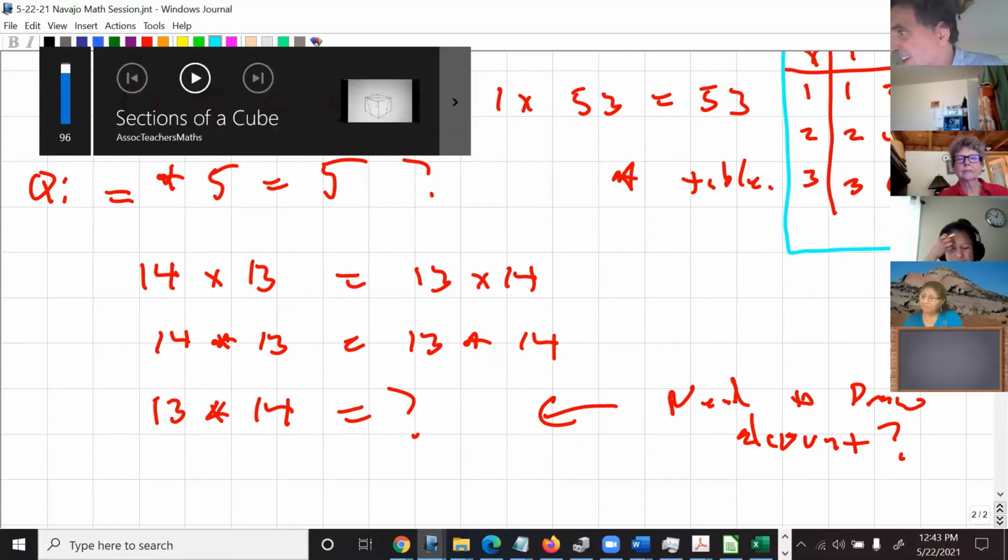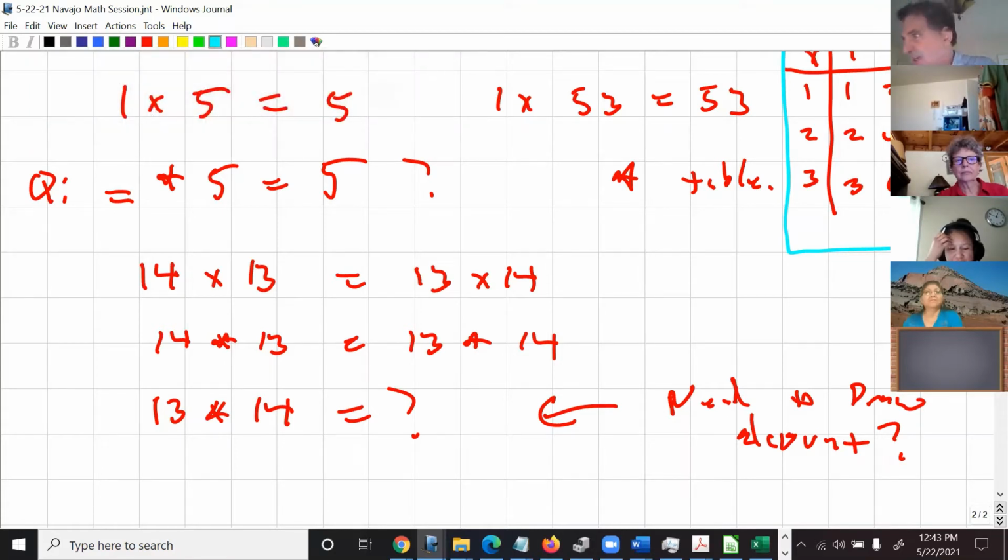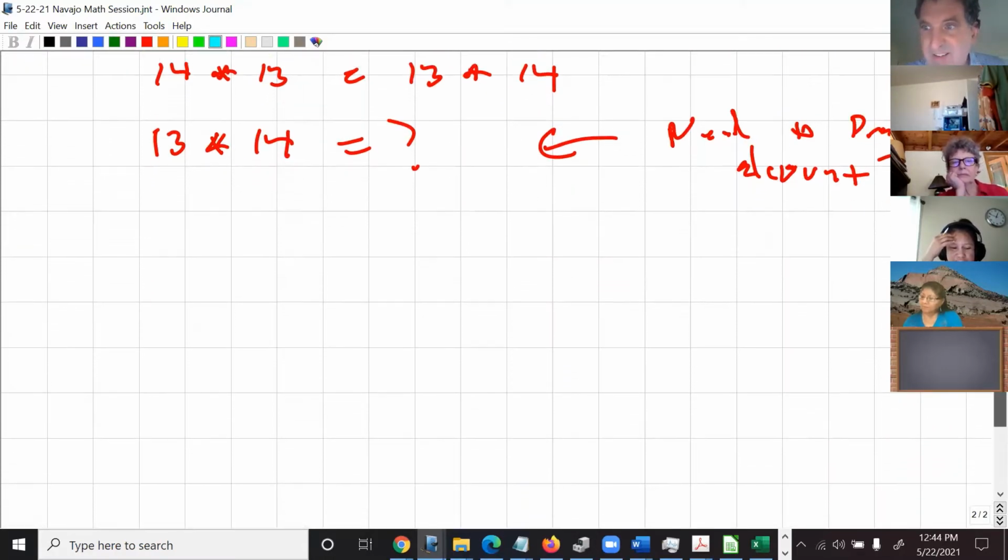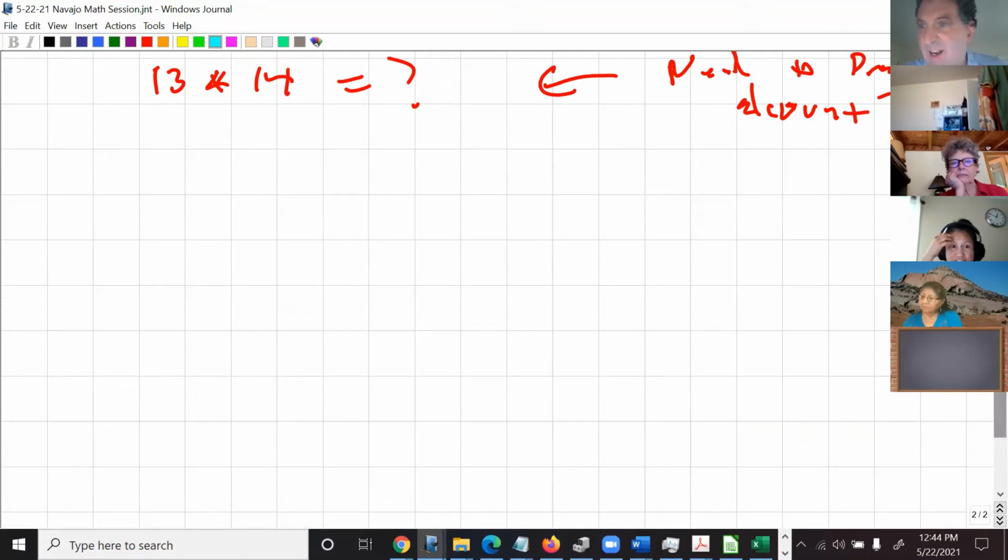We actually tried to figure out an operation or a pattern on the original figure that we have for the 4 times 3 equals 18. 4 asterisk 3 equals 18 rectangles.